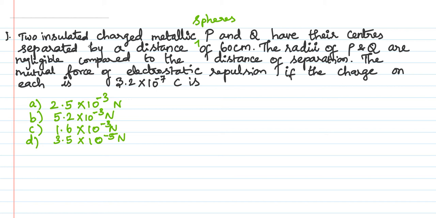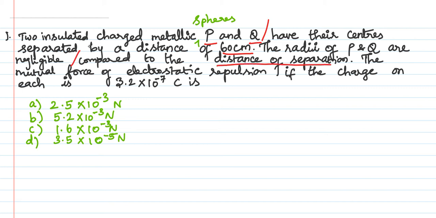Two insulated charged metallic spheres P and Q. So I already trained you how to read the question. So give a pause here. Have their centers separated by a distance of 60 centimeter. The radii of P and Q are negligible compared, so give a pause here, compared to the distance of separation.